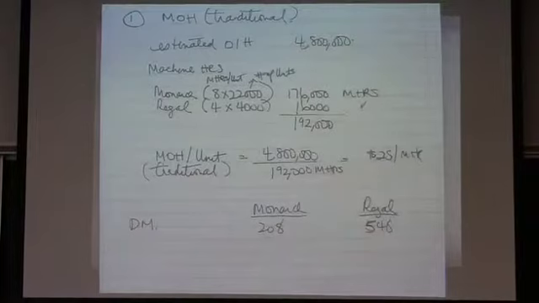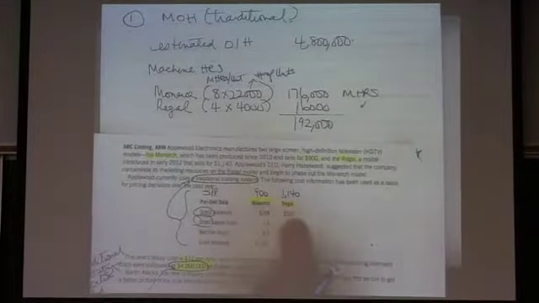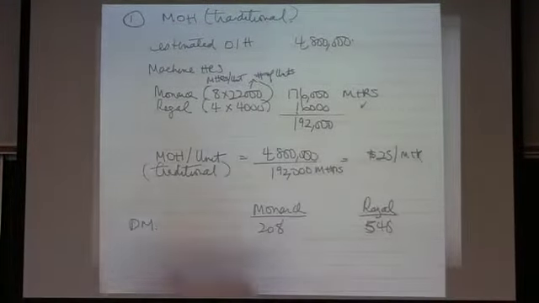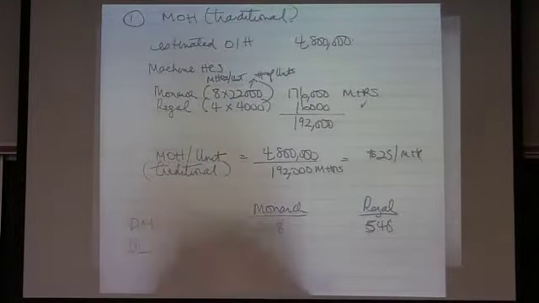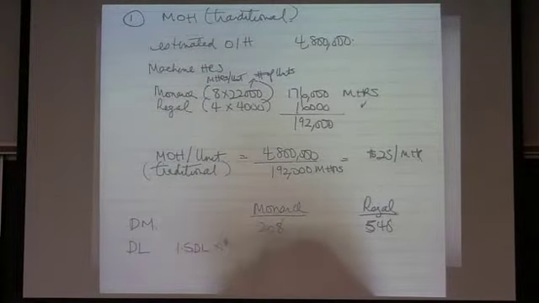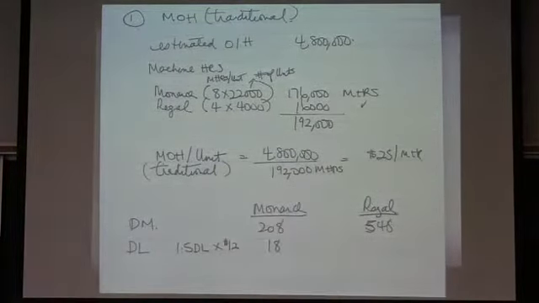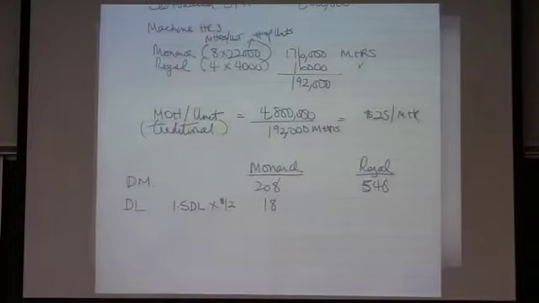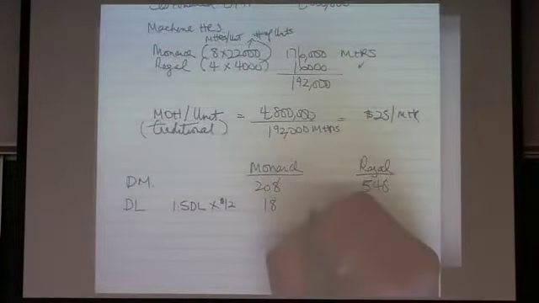Okay? And that was given to us here. Now, direct labor, we know it's 1.5 direct labor hours times $12. That's 18. And for Regal, that would be 3.5 direct labor hours times 12.